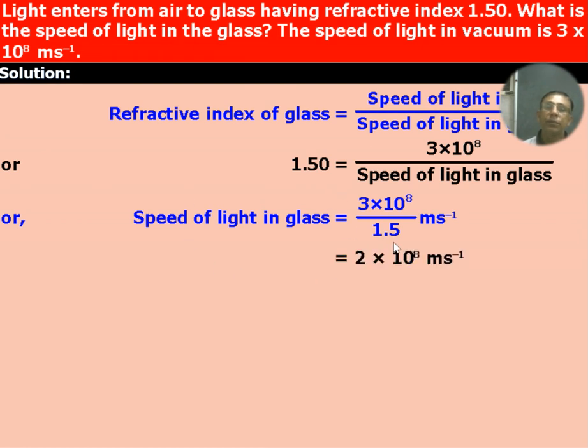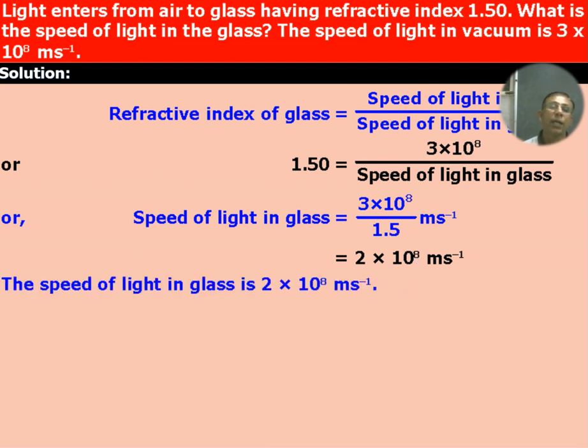So it will become 2 into 10 to the power 8 meter per second. That means 3 can be divided by 1.5 2 times. So it will become 2 into 10 to the power 8, and that will be your answer. That is, speed of light in glass will be 2 into 10 to the power 8 meter per second.